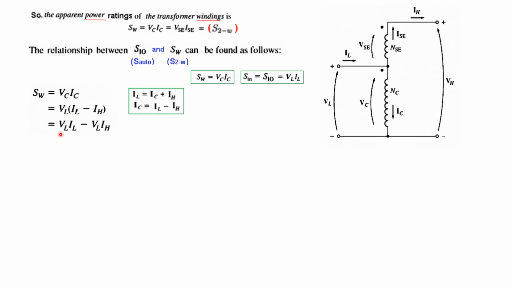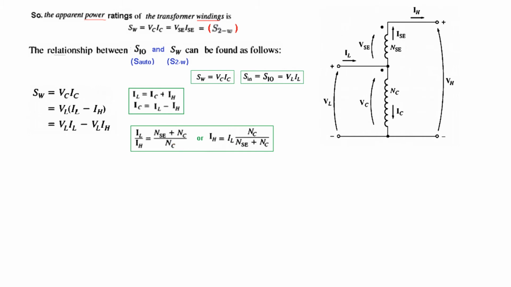Now this is in terms of VL IL, but this one is not, so we have to also make this in terms of VL IL. To do that, we use the relations we had seen in the previous slide. The relation between the two currents, IL over IH, was given by this relation in terms of the turns.